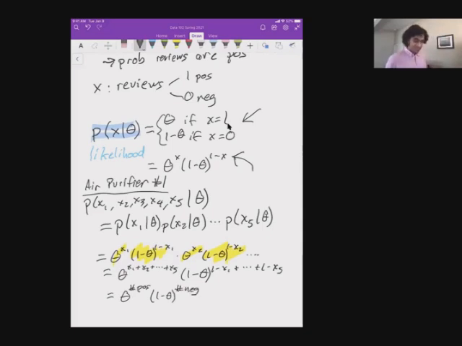So this is a simplified way of writing the probability of any particular set of x's given theta: theta to the power of however many positives you got, times 1 minus theta to the power of however many negatives you got. Okay, so this is our likelihood function. It tells us the probability of getting some particular set of x's given the parameter theta.